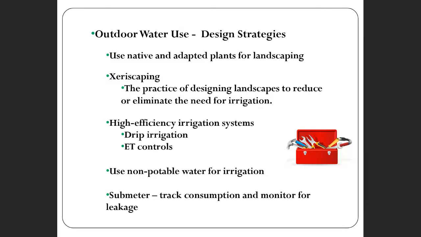The other irrigation strategy is actually controls, ET controls. That's our same evapotranspiration. So an irrigation system with ET controls is going to try to predict how much ET has taken place.